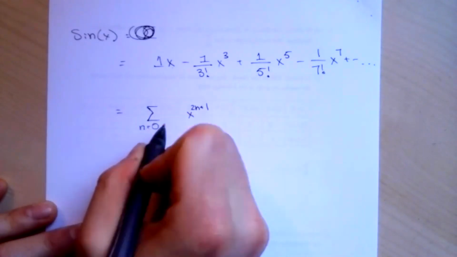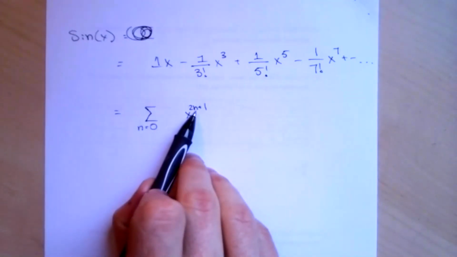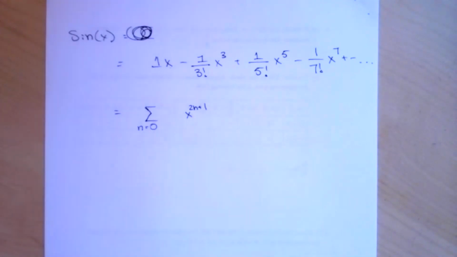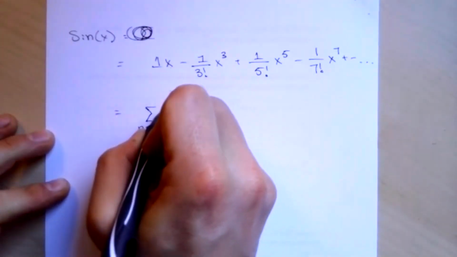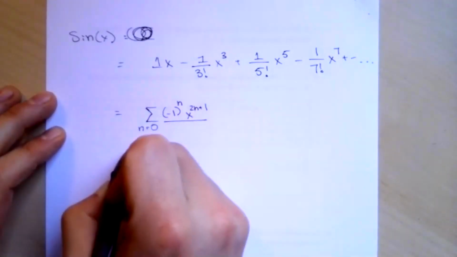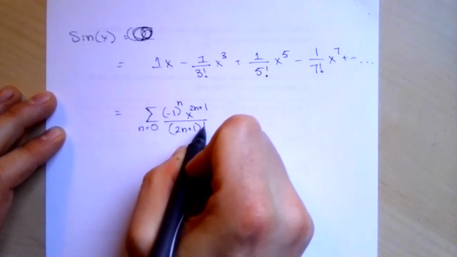So if our n, typically in our series, goes from 0 up to infinity and hits all integers, if the only powers of x we want to see are odd, we describe odd numbers as a sequence of 2n plus 1. And then the coefficients are going to alternate from -1 to 1 with the factorial in the denominator.